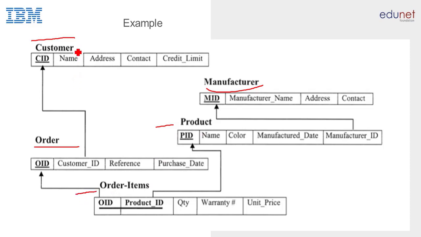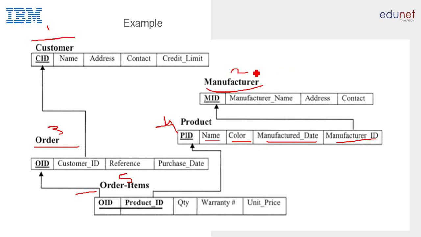These are the tables: first, the customer table, then the manufacturing table, order table, product table, and fifth, the order item table. The company has different products, and each product is maintained by its product ID, name, color, manufacturing date, and manufacturing ID.